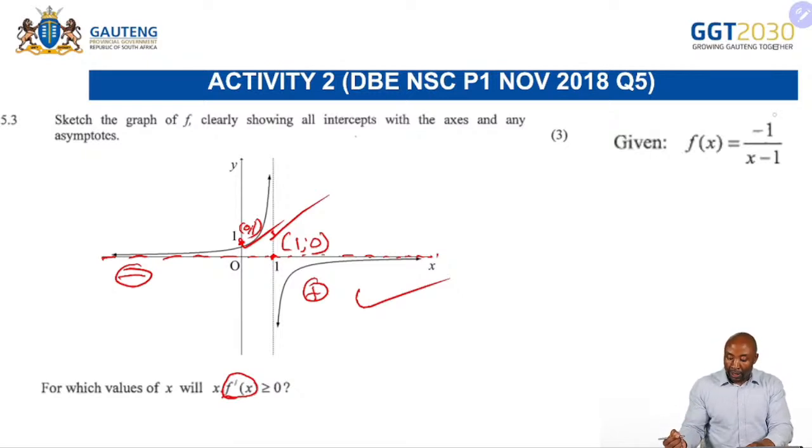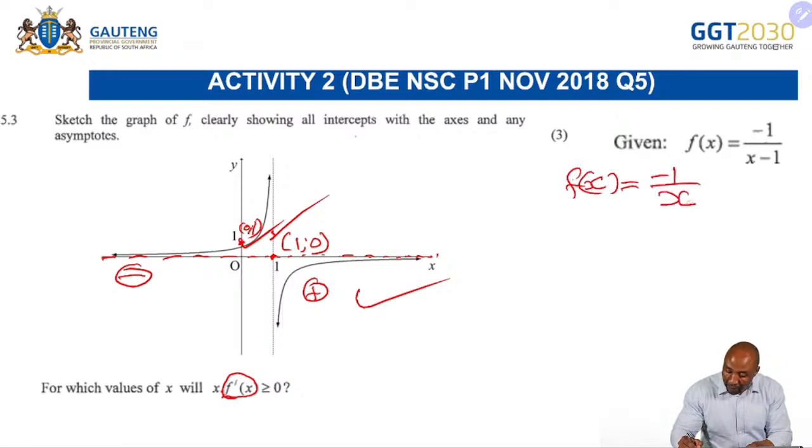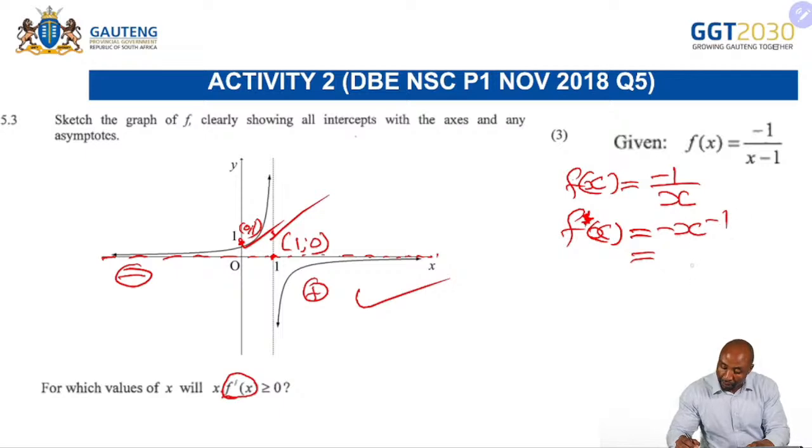So this requires us to understand that this question is just testing whether, if I have f of x in the form negative 1 over x, the derivative of this, we know that this is negative x to the power negative 1, which before we do the derivative, f of x will be equal to negative x to the power negative 1.